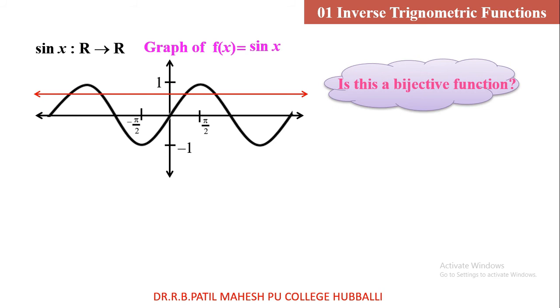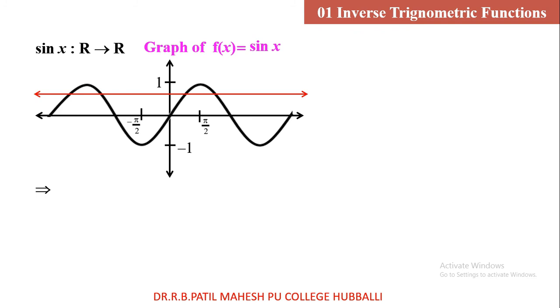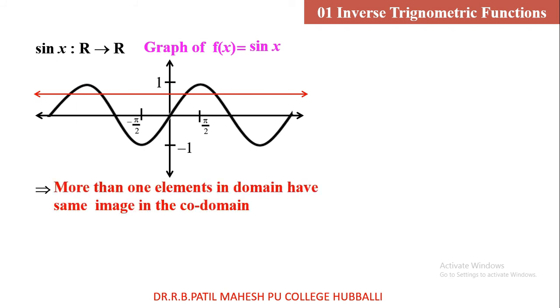Now, is this a bijective function? For that, I should check 1-1 and onto. Here, using the parallel line test, a line parallel to the x-axis meets the curve at more than one point. Absolutely it is not a 1-1 function, as more than one element in the domain has the same image in the codomain.